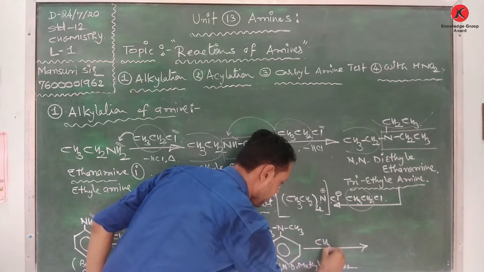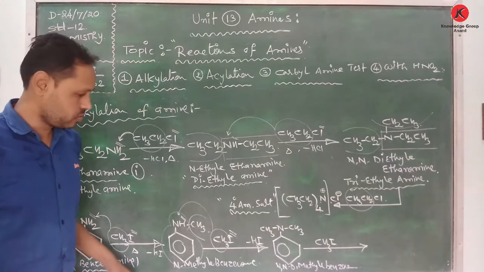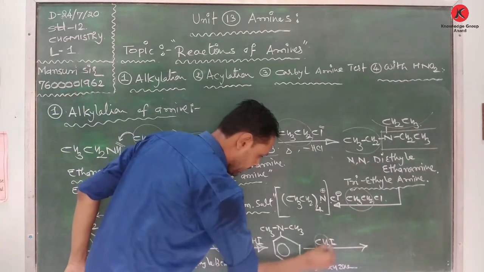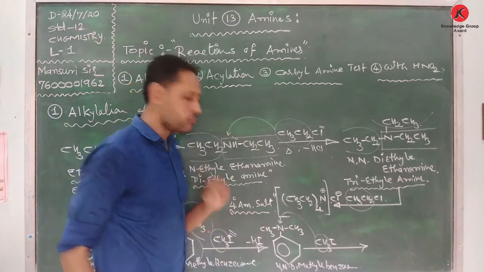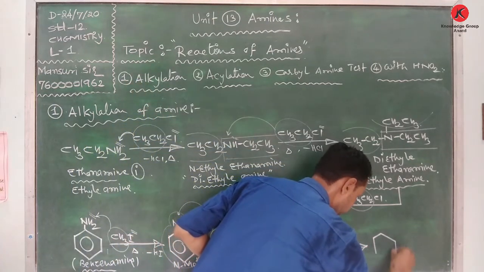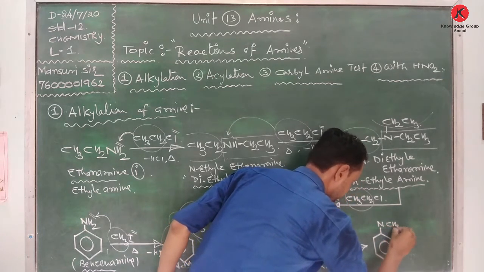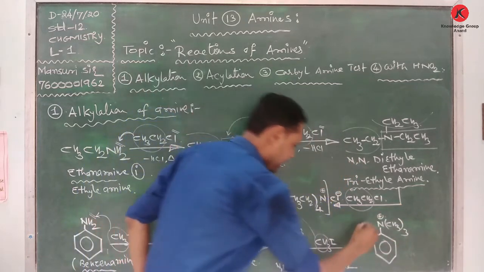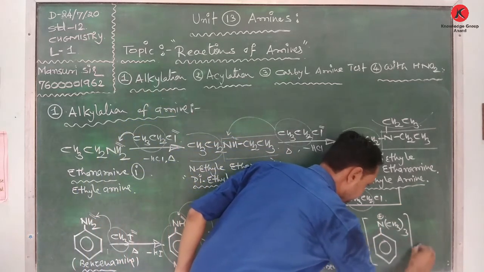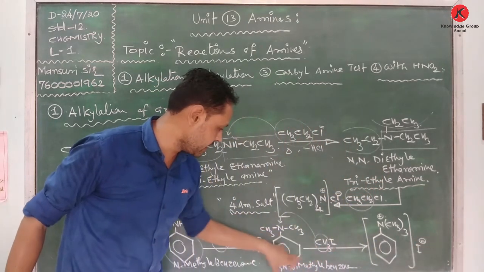Thereafter methyl iodide will be in excess. So these methyls will go toward the nitrogen and make a 4-degree ammonium salt. So it will carry a plus charge and the remaining part will be iodide, which is attached with this compound.